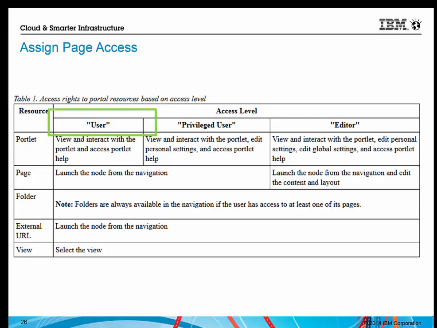A user gives a role the access level to view and interact with portlets and the ability to see and launch a page. The privileged user adds the ability to edit personal settings on a portlet, and an editor grants the ability to edit global settings on a portlet and edit the contents and layout of a page.